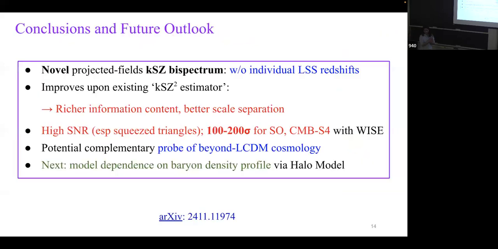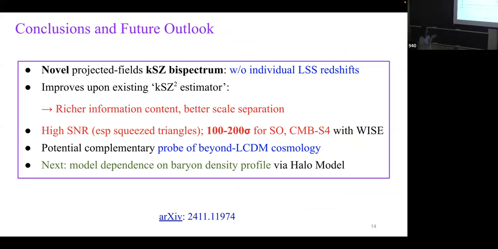This is just the conclusion slide. We have proposed a novel projected fields KSZ bispectrum, which does not require individual redshifts of galaxies to detect the KSZ, which means that it's also applicable to all kinds of other large-scale structure tracers. And it improves upon the existing KSZ squared method in a few ways, as I mentioned earlier.